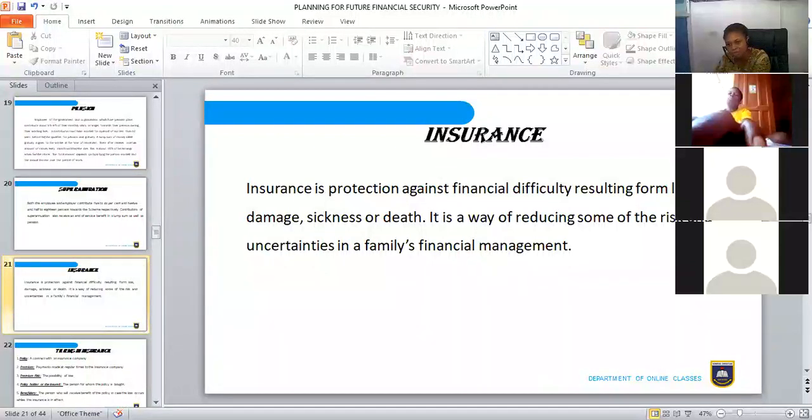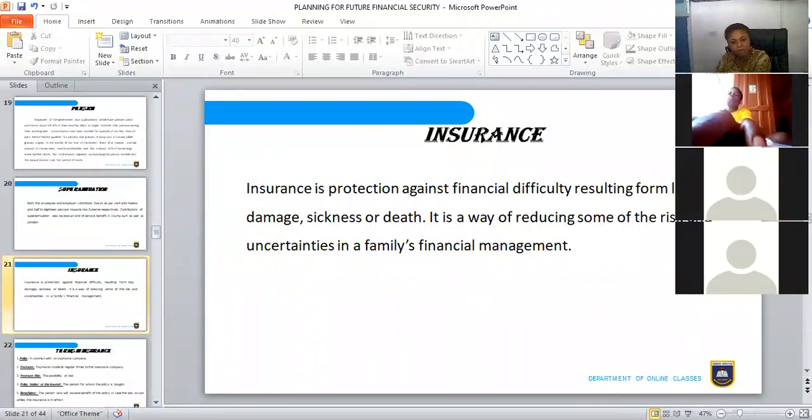So what it means is, when you take a policy with an insurance company, you are paying with the mind that, for instance, if it is a vehicle insurance you took, when your vehicle is damaged, the insurance company should be able to help you get back the vehicle.